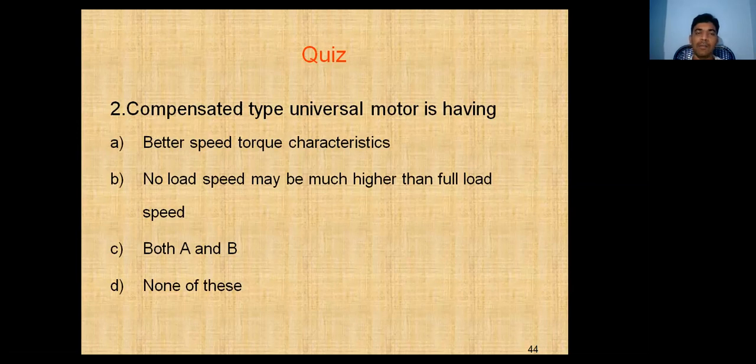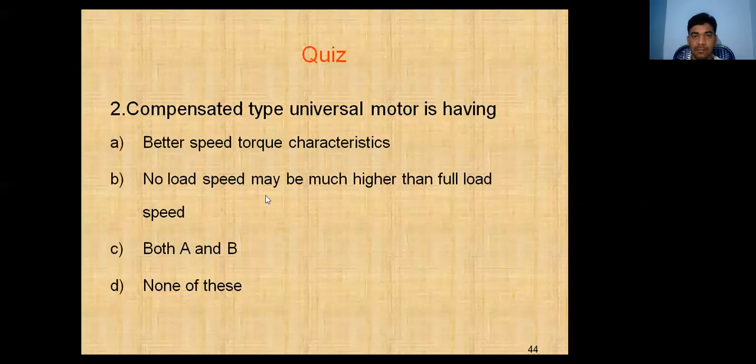Compensated type has better speed torque characteristics. Yes.